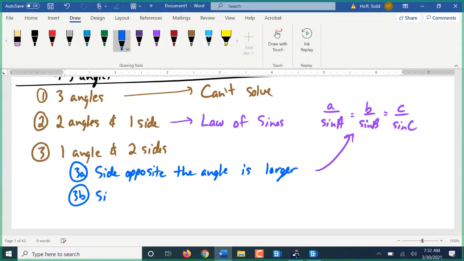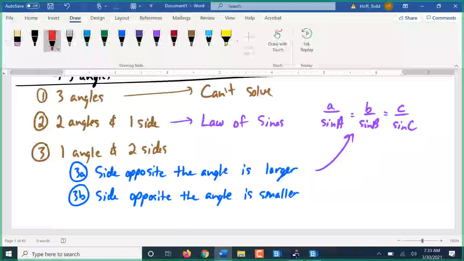We had the side opposite the angle is the smaller of the 2 sides. And we needed to know if the angle is acute or obtuse.